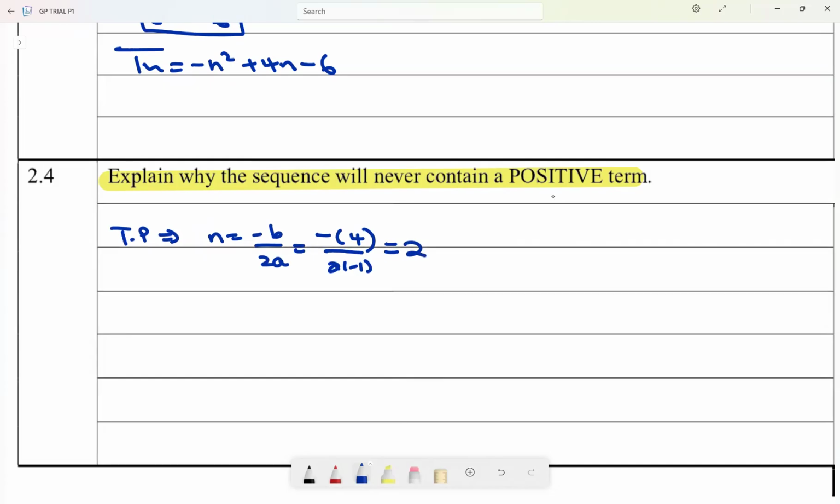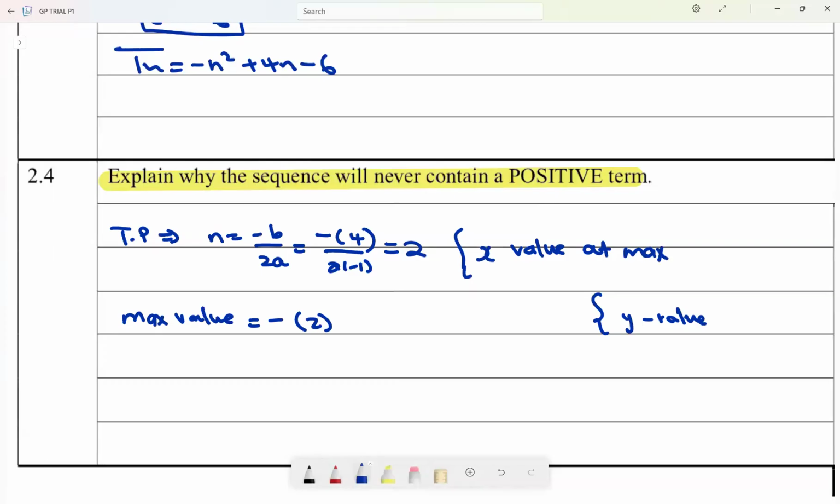And then let's find the maximum value. I substitute this value of n, which is the same as the x value, into my original formula Tn to find the maximum value.